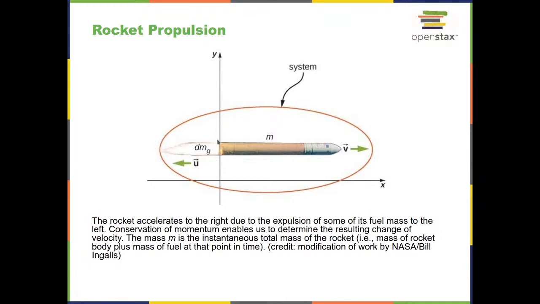So every time an amount dmg of gas is emitted by the rocket, the mass of the rocket itself changes by minus dmg. That changes some of the equations here, and that causes some logarithms to appear because of integrals. So read that section, but I don't think that will be something we're going to focus on for the midterm, for the final anyway.